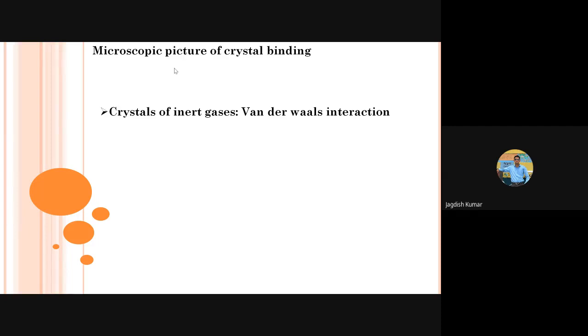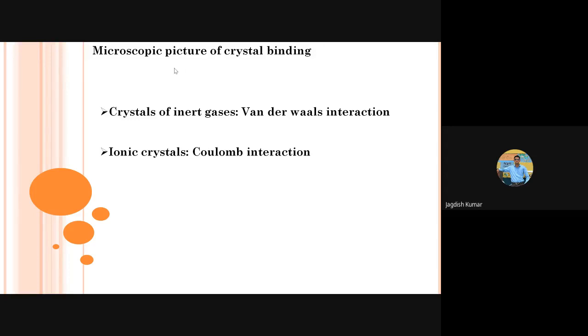Another possibility is that the attractive interaction may be because of ionic interaction, which we will also be discussing. But in inert gases, ionic interaction is also not there. What is the fundamental reason behind ionic bonding? For example, in sodium chloride, sodium has a single electron in its outermost shell.